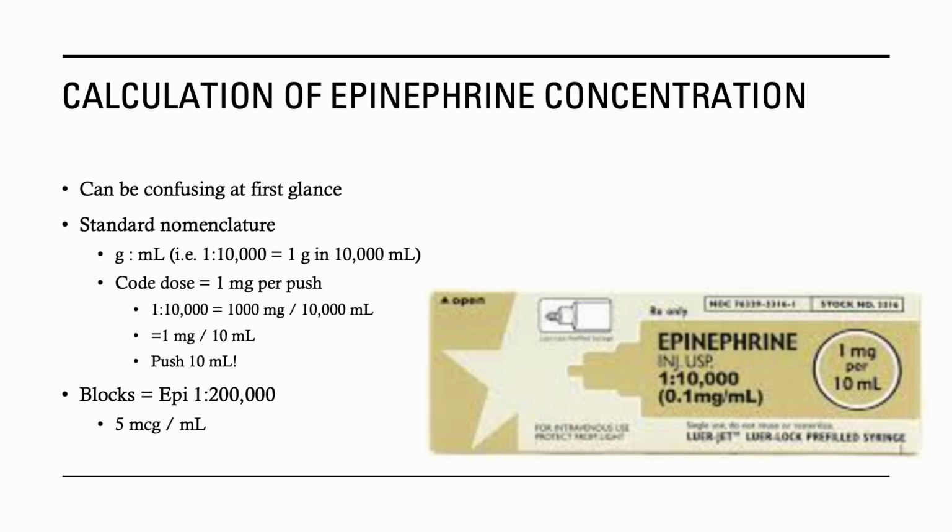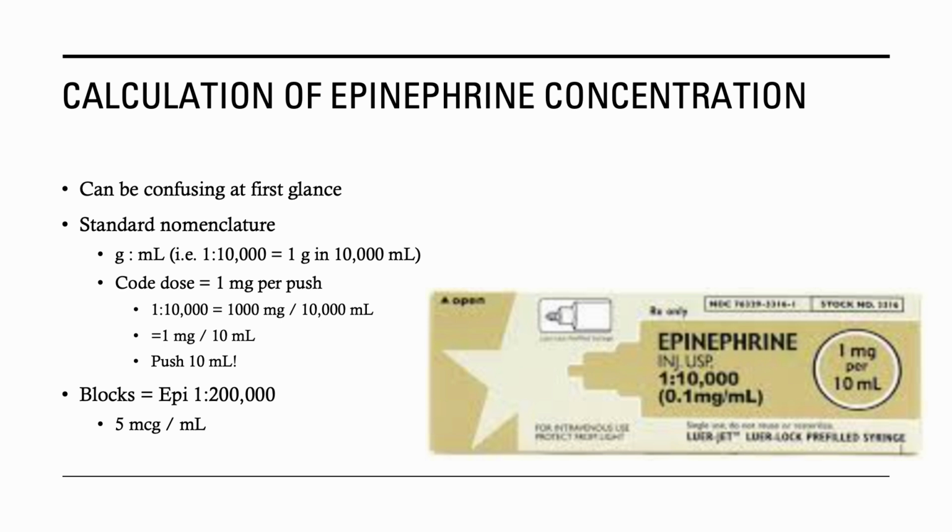Now, a code dose of epinephrine, if you remember, is 1 milligram per push. So when you go to codes on the floor, their ACLS is in progress, the nurses are pushing 1 milligram of epinephrine at a time. Now, this is 1/1000th of a gram. So you need to be very careful about the concentration that you grab and what you're giving.